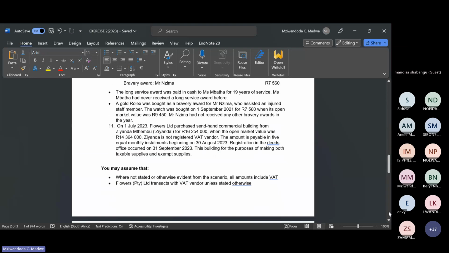Let's go to adjustment number 11. Remember, we are starting with theory questions here. Okay, are we all on adjustment number 11?